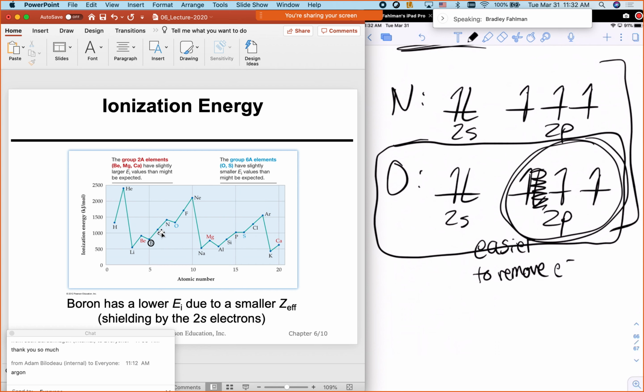But you'll see those anomalies across the different periods. This is probably most pronounced in period 2. But the general trend is as you go left to right, it is becoming harder to remove electrons.